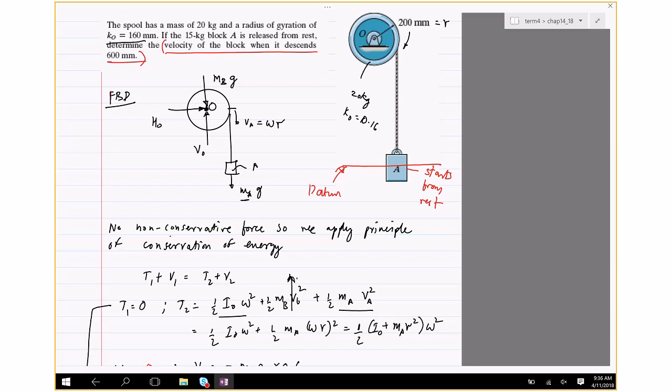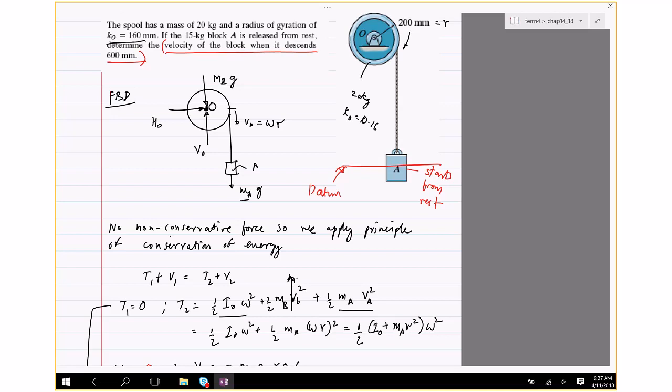It has the part due to rotation, which is half I omega square, and the part due to translation, half m v0 square. But the pulley is only rotating. It's not translating, so the translation energy is 0, only rotation. That's the first part. The second part is due to a particle. A particle, which is the mass A, can only translate, it cannot rotate.